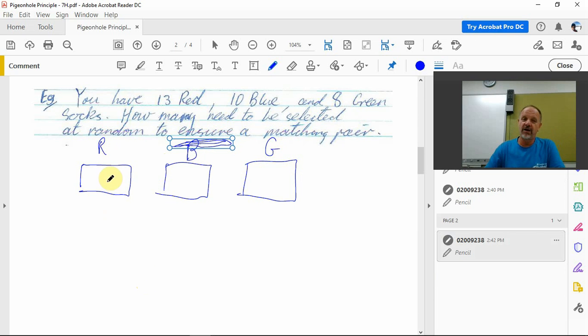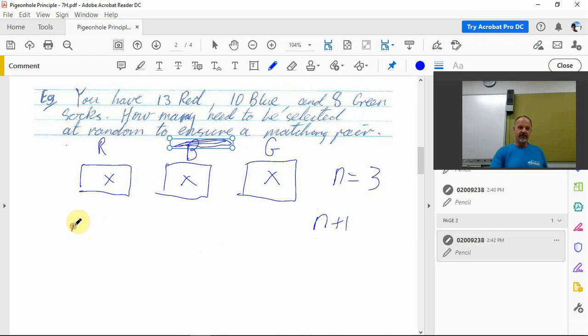So if I've got a red sock, a blue sock, and a green sock out, n equals 3. So if I've got n plus 1, the next one that I put in, one of those 3 holes has got to have 2 in it. So to ensure at least 2 in any hole, we've got to go n plus 1.